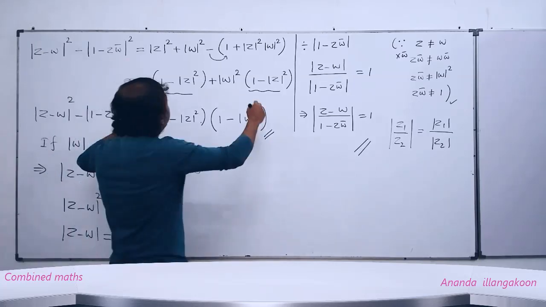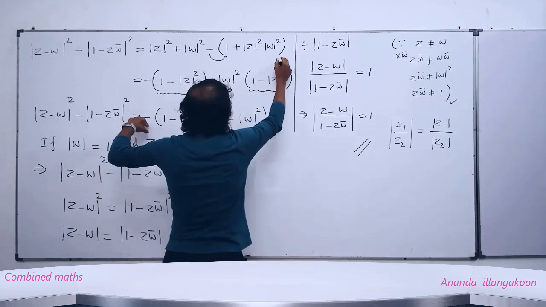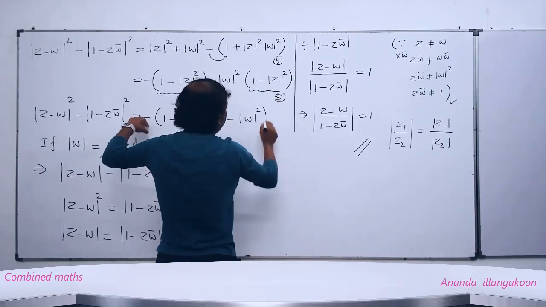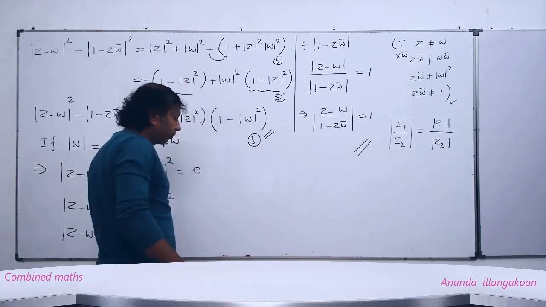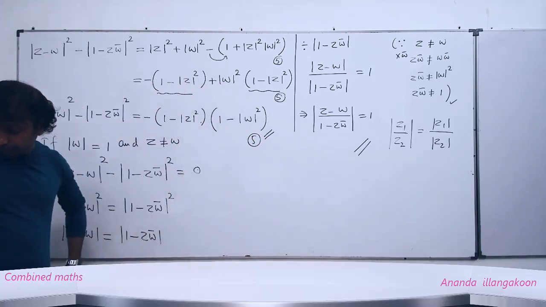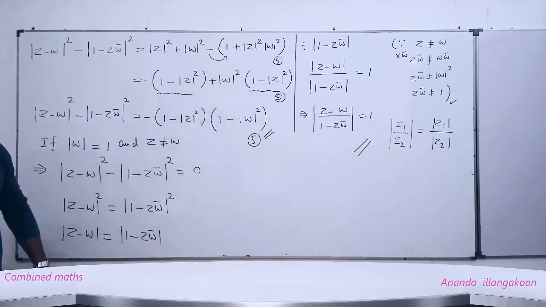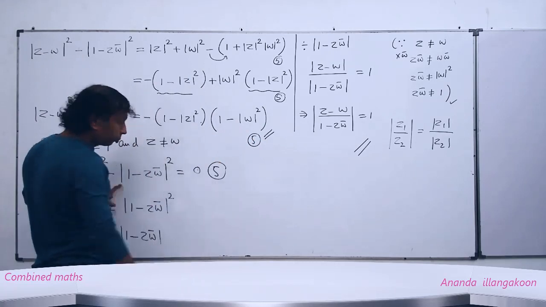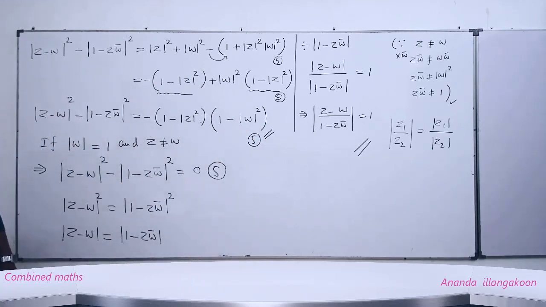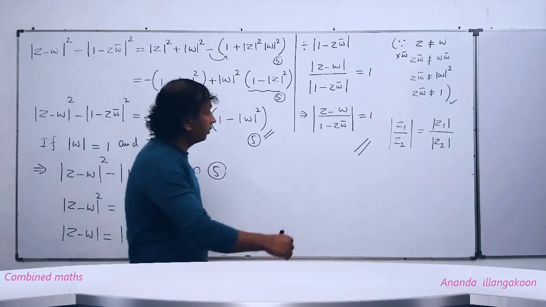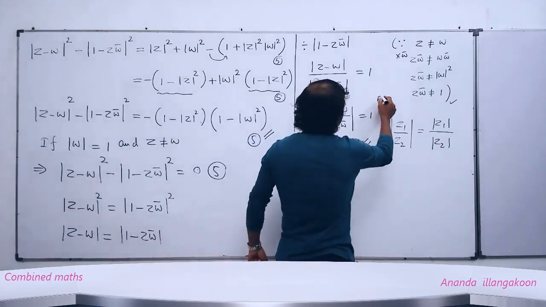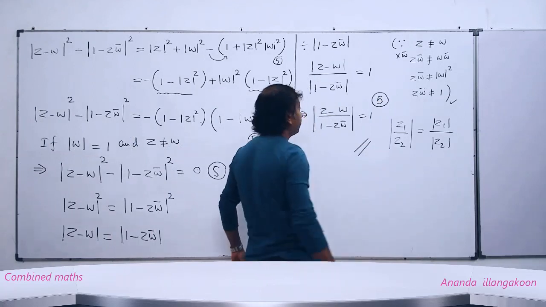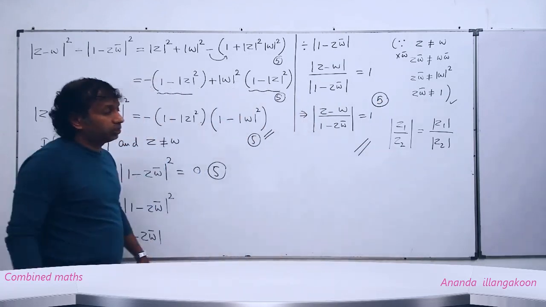For this one 5 marks, this one 5 marks, and this one 5 marks. 30 marks given for that. And for the step this 5 marks given, and for the final answer, another 5 marks given. So that's how we get the marks.